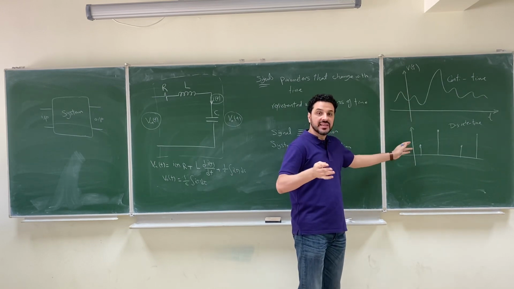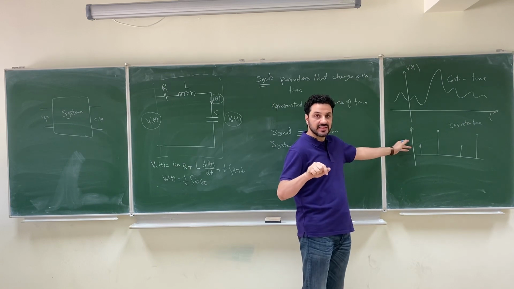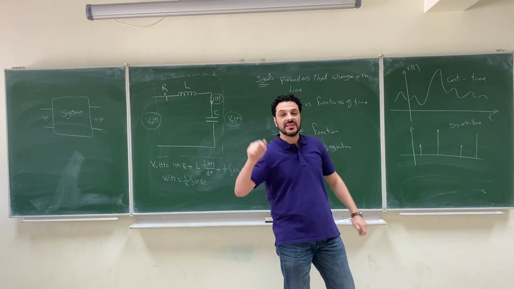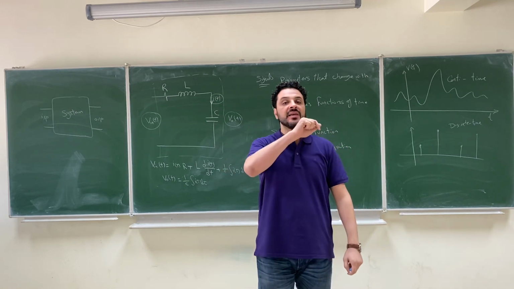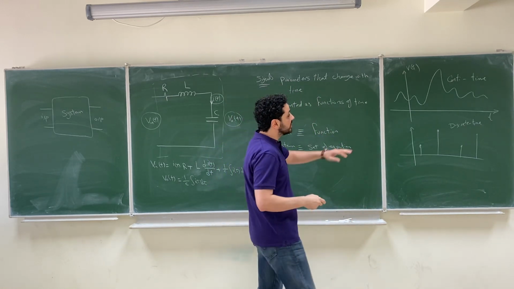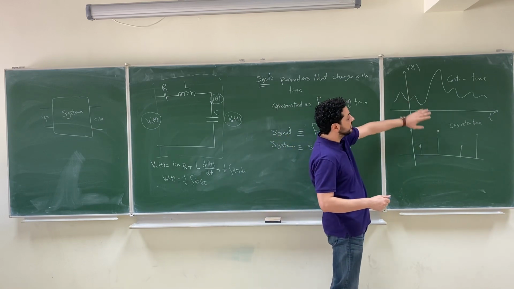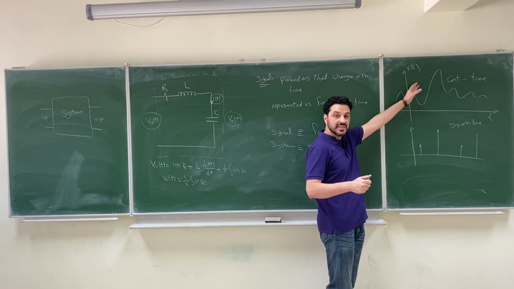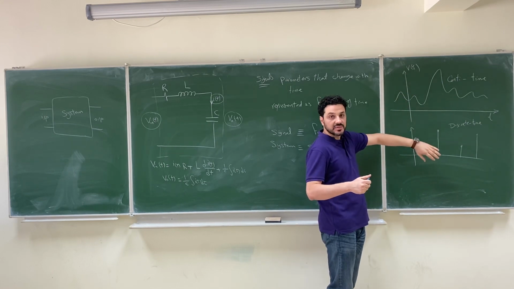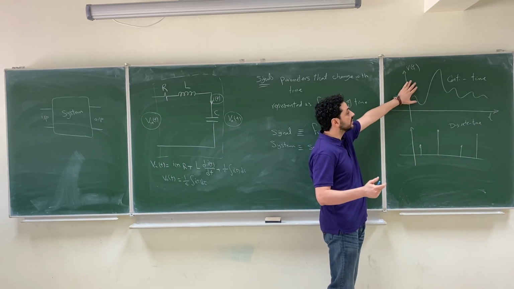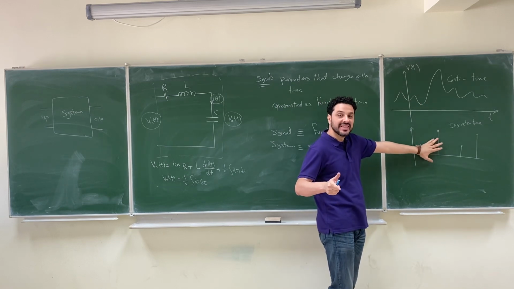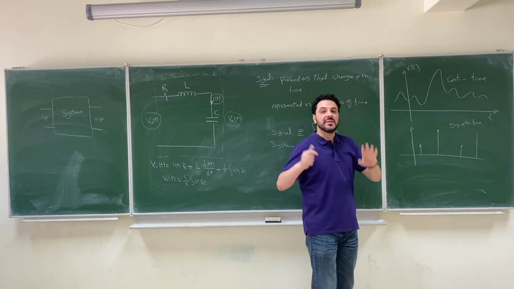If the system has all the signals inside it as discrete time signals, then we call this system a discrete time system. So similar to the signals, we have continuous time signals and discrete time signals. We also have continuous time systems and discrete time systems. In continuous time systems, all the signals are continuous time signals. In discrete time systems, all the signals are discrete time signals.